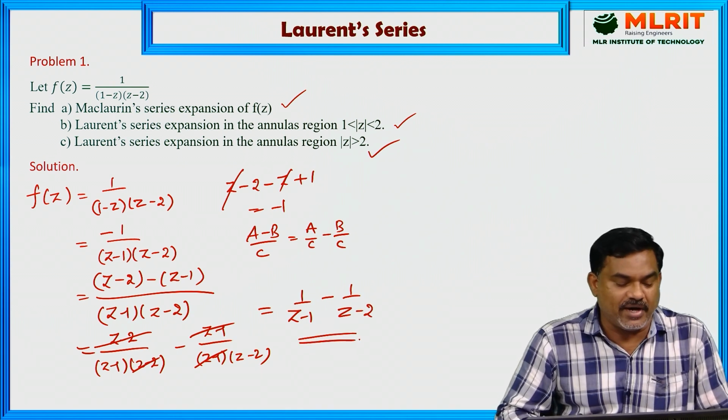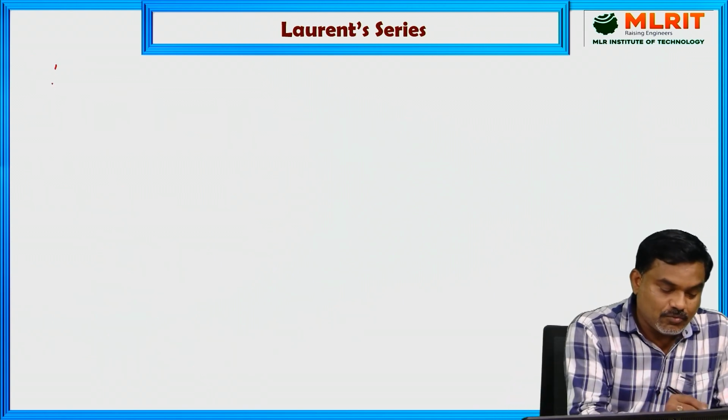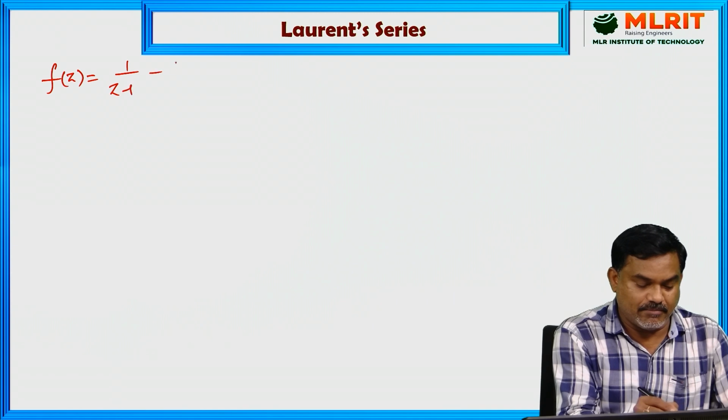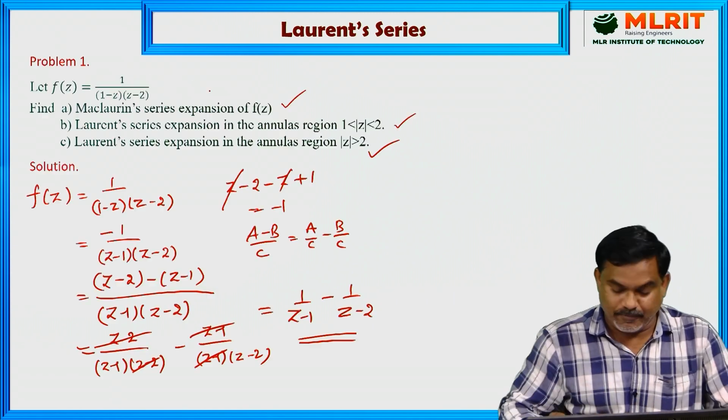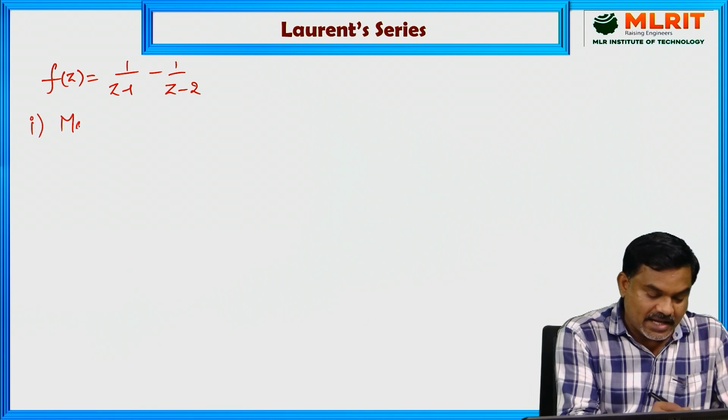Now we need to find the series expansions one by one. So what is f of z? 1 by z minus 1 minus 1 by z minus 2. Now the first problem, the Maclaurin series expansion.